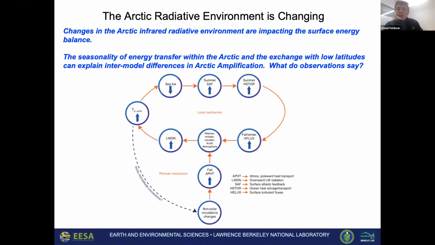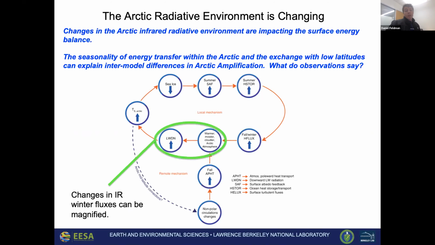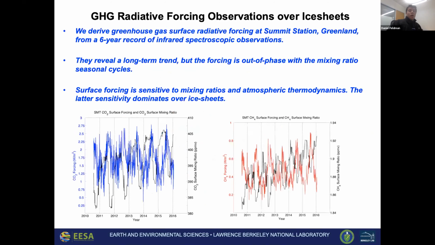We wanted to indicate that the seasonality of surface radiation is really quite important for Arctic amplification. A recent paper showed that there's a kind of complicated mechanism between local and remote effects that can contribute to Arctic amplification if they're not properly modeled, and infrared radiative fluxes can matter for this. So through a wide variety of observations, primarily we looked at the data from the Summit Station in Greenland, and we found a curious result here.